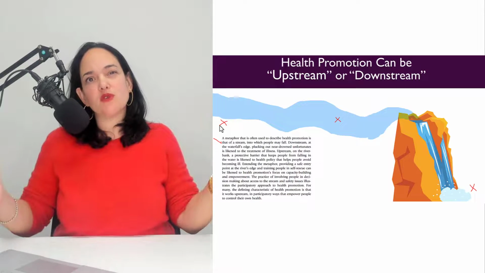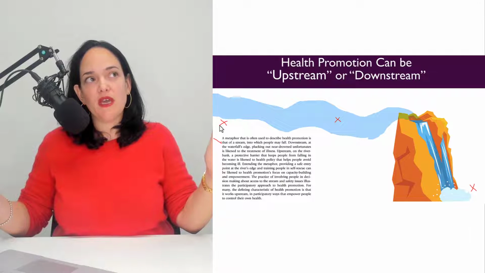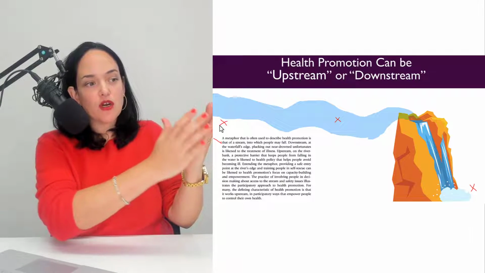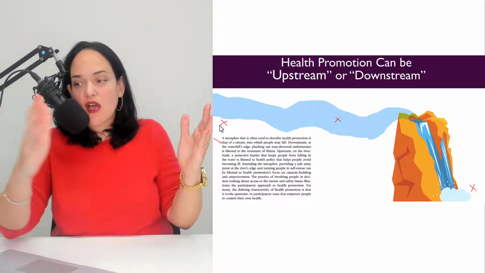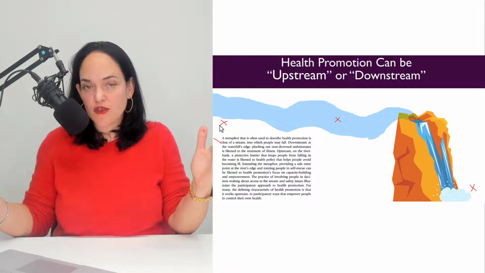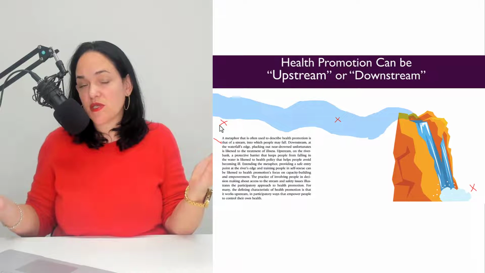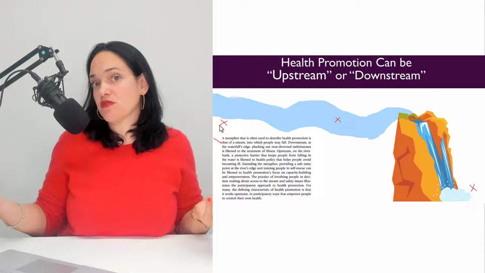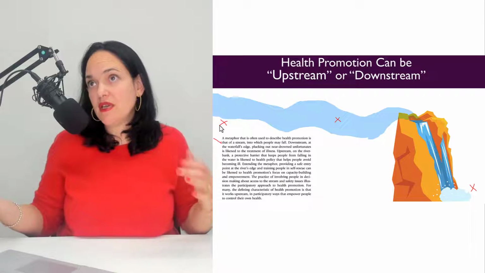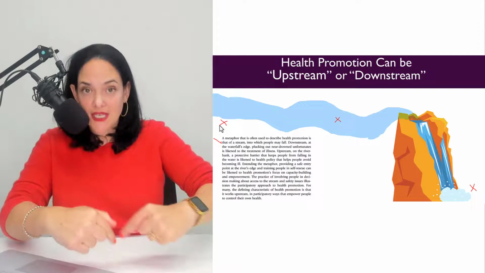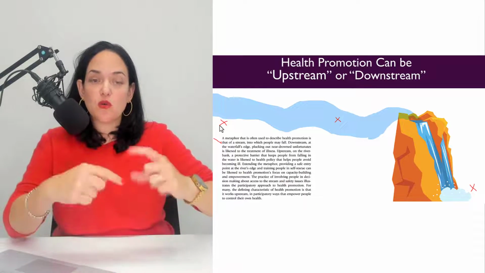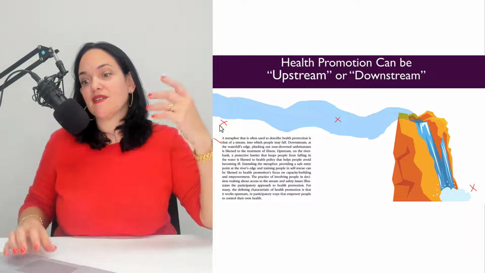So the point with upstream versus downstream health promotion is that we can target people, we can target groups at different stages of their health journey, and we can promote health at different stages of a particular person's health journey, not just to prevent mortality and morbidity, but also to improve health today, right? To improve social, mental, and physical well-being today.